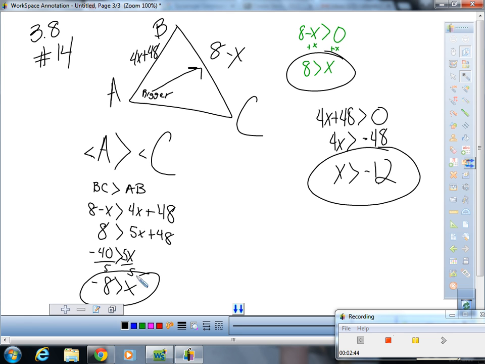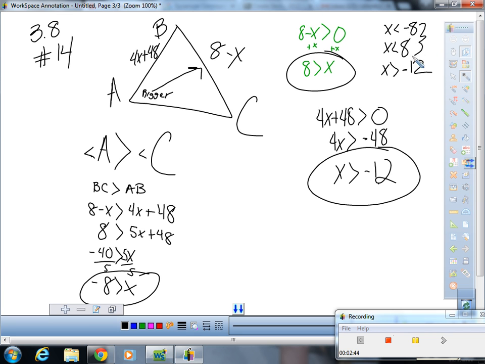But if you think about it, we have x is less than negative 8. That has to be true. x is less than positive 8. That has to be true. And x is greater than negative 12. All of those things have to be true. We've got to think about what numbers satisfy all three of those requirements. Well, let me tell you this.